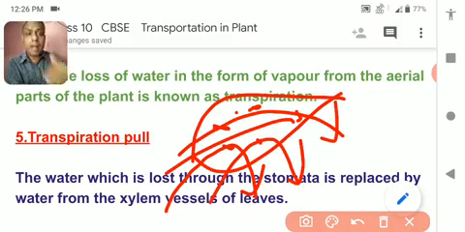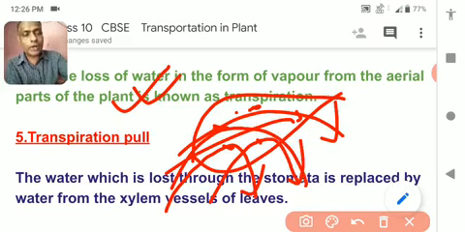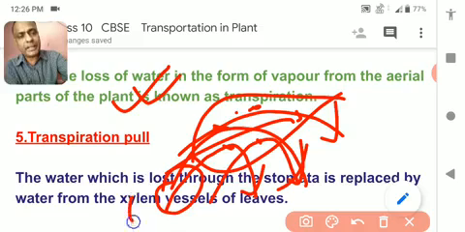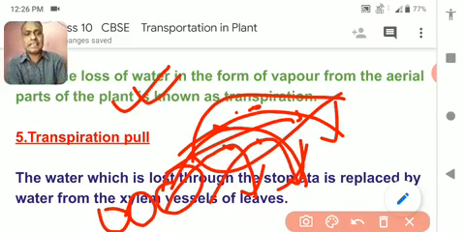So the evaporative loss, or loss of water in the form of water vapor through the leaves during the day, is called transpiration.